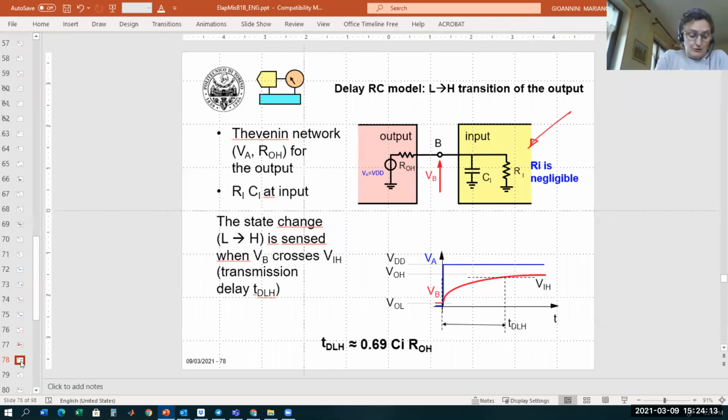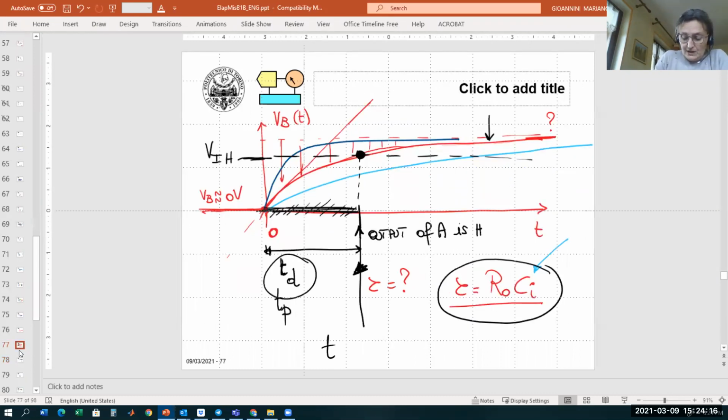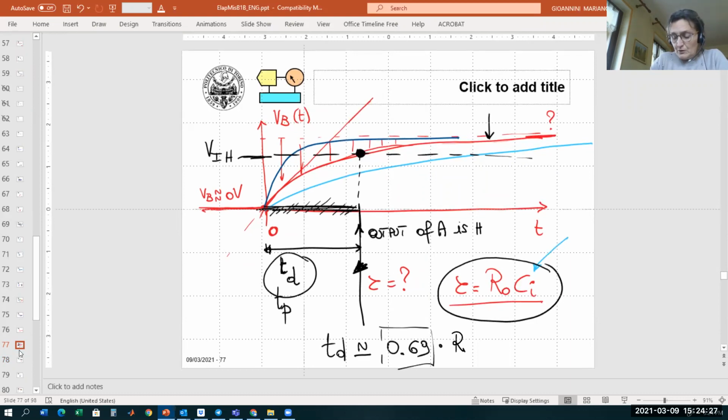Typically the rule of thumb is this one: this delay TD is approximately equal to 0.69 times the time constant. So if you are required to calculate the delay, you can simply take this constant value, that is almost always the same, about 0.7 times the time constant of the transient. And this is a good expression for evaluating the delay in a fast way.